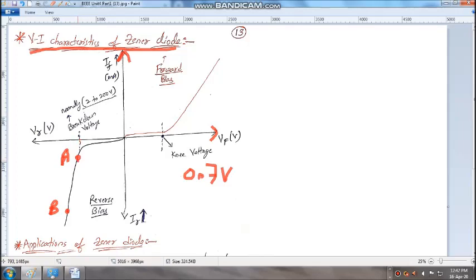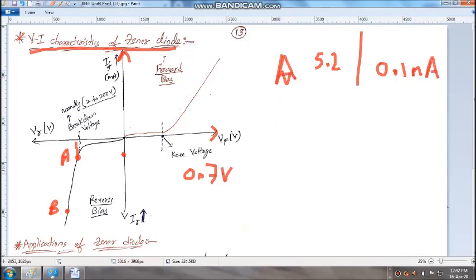If breakdown voltage is 5.1, assume point A voltage is 5.2, and the current will be, assume 0.1 milliamps, just for consideration.